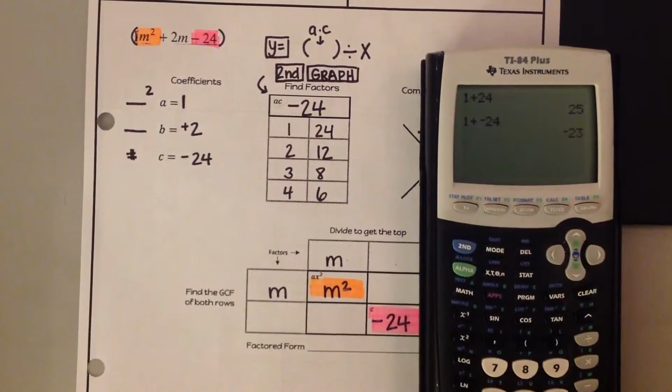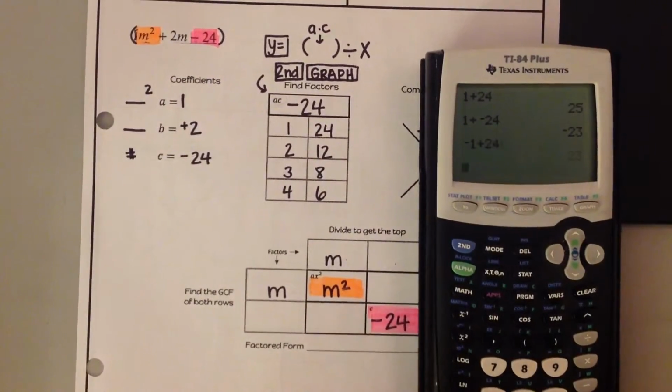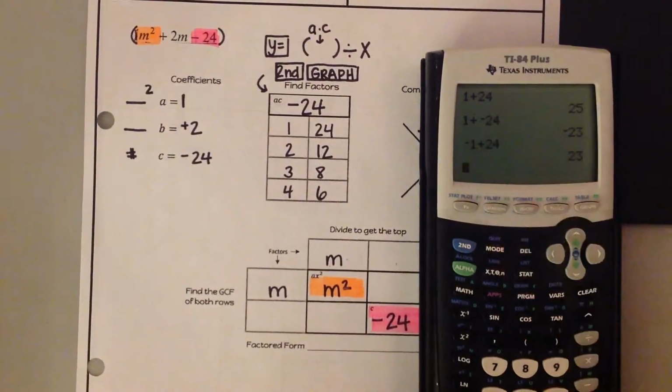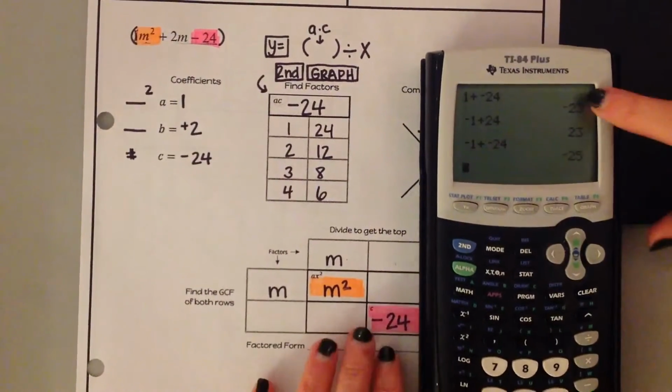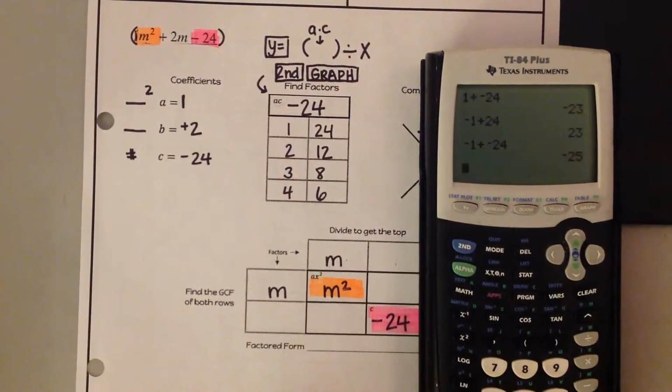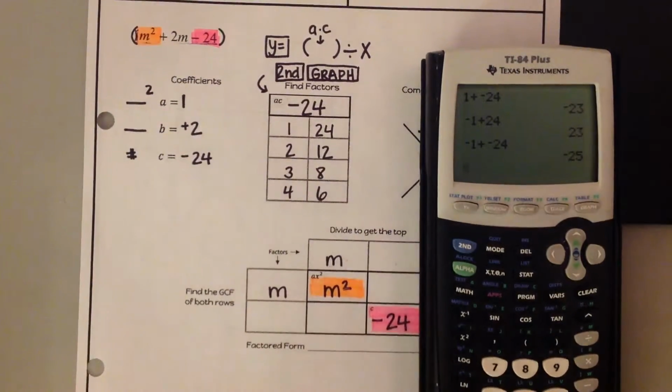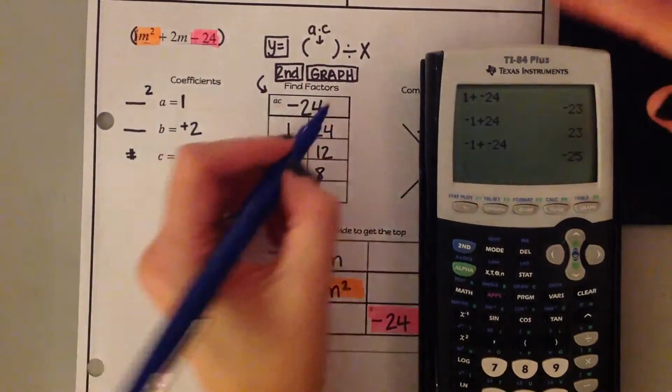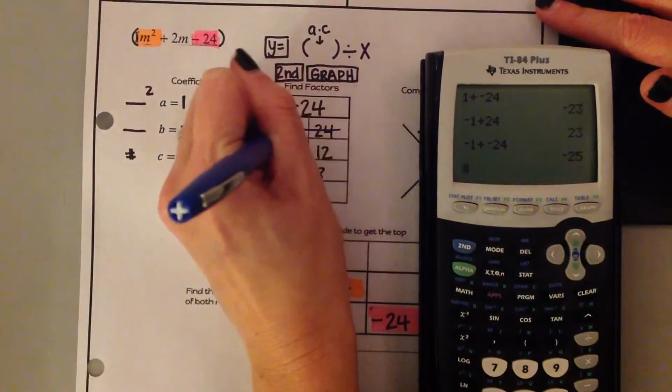I'm going to look at all the different combinations. Negative 1 plus 24. So I switched. I made each number negative. Now I'm going to make them both negative. And I'm never getting to a sum of positive 2. So 1 and 24 don't work. I'm going to mark them out of my factor list because they're not going to work for me.